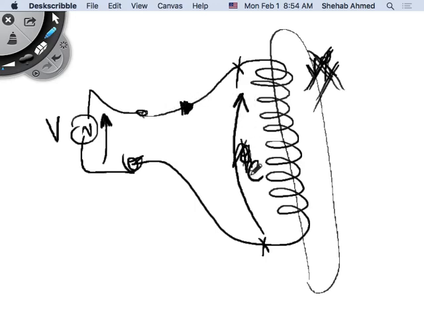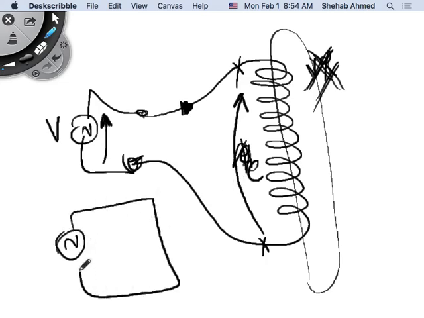But if E does not develop, I have a voltage source across a piece of wire. E is zero. Then I'm putting a short circuit across my source. That's why transformers do not like DC.